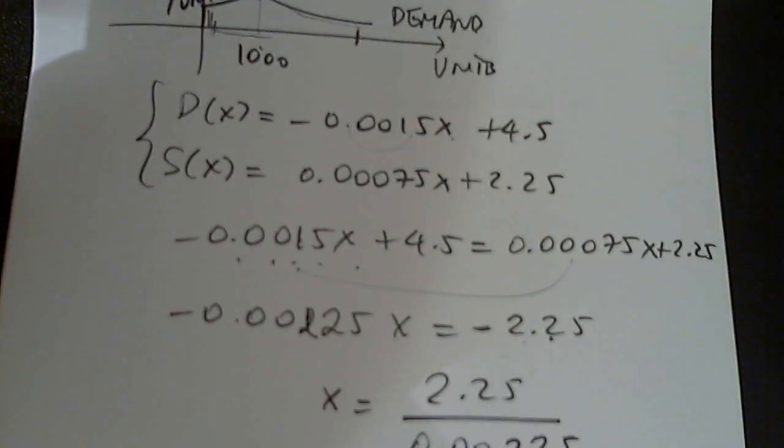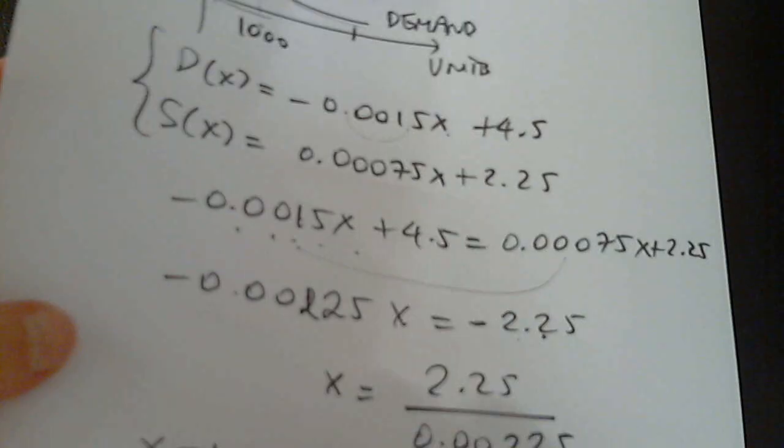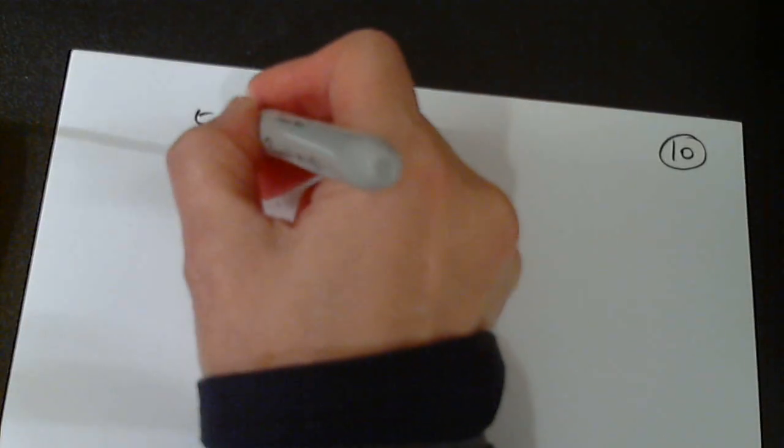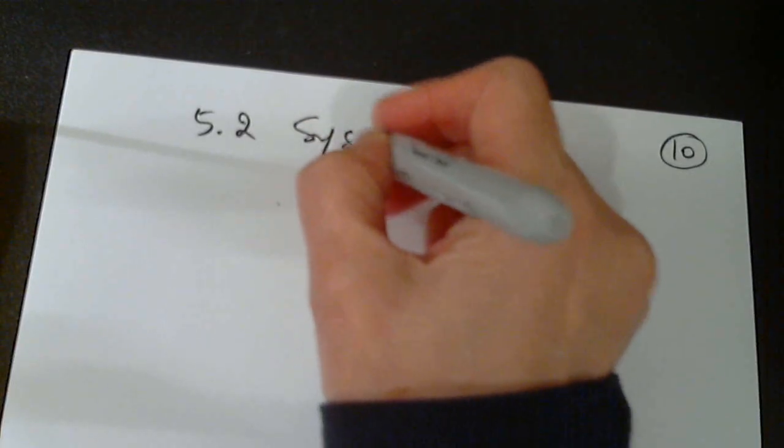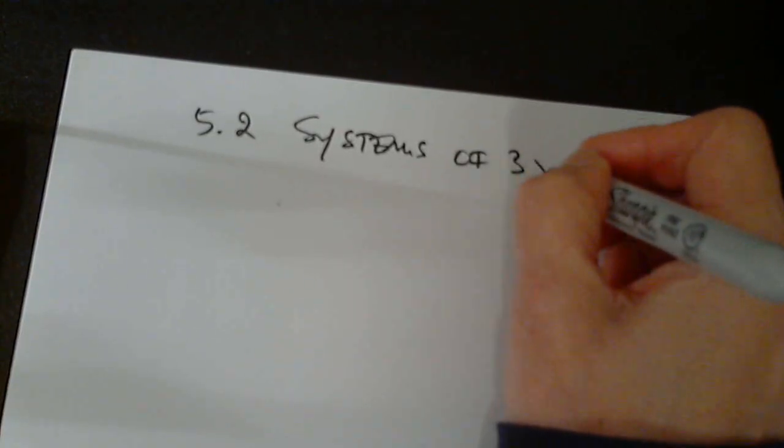Okay. So we are ready now to move on to linear systems of 3 variables in 3 equations. Which page am I on? I'm on 10. So 5.2, systems. We call them systems of 3 by 3.